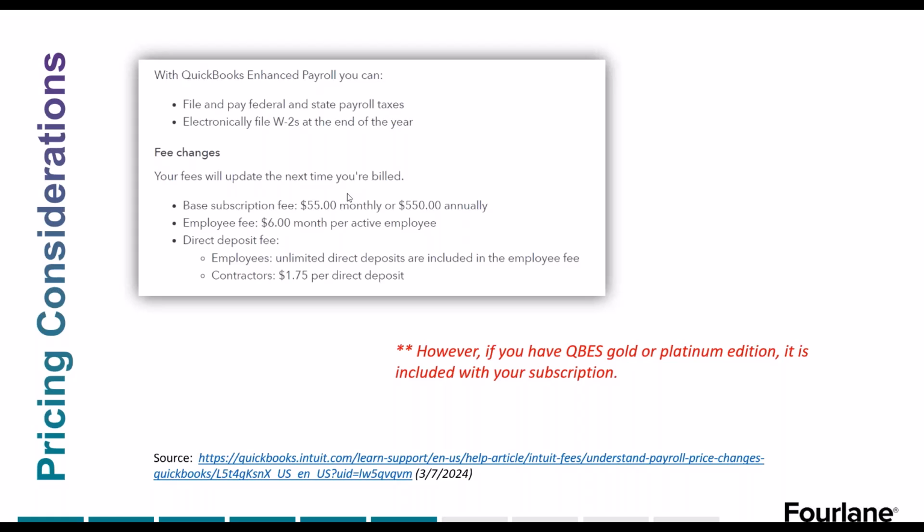And it also allows for electronically filed W-2s. The fees, you're looking at about $55 a month or $550 if billed annually. There is a $6 per month, not per pay run, charge. That's different, something to consider if you're looking at other payroll companies, because it's usually per run, but it's $6 per month per active employee.